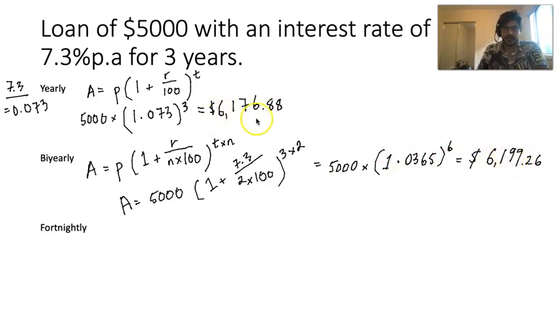This total here, which is just compounded every single year for 3 years, is giving us a good $23 odd less in the account than if we compounded it every half a year.